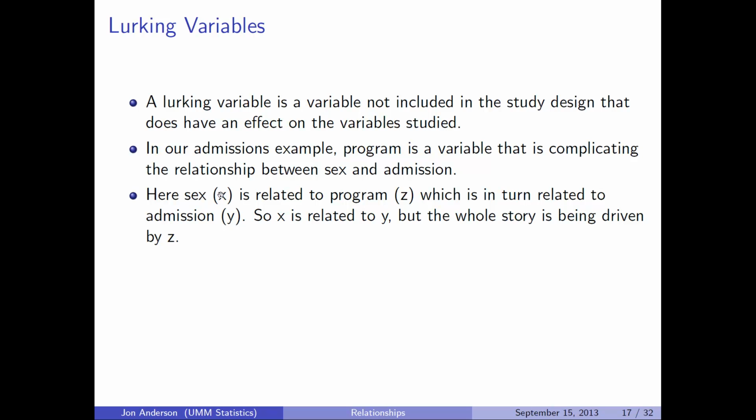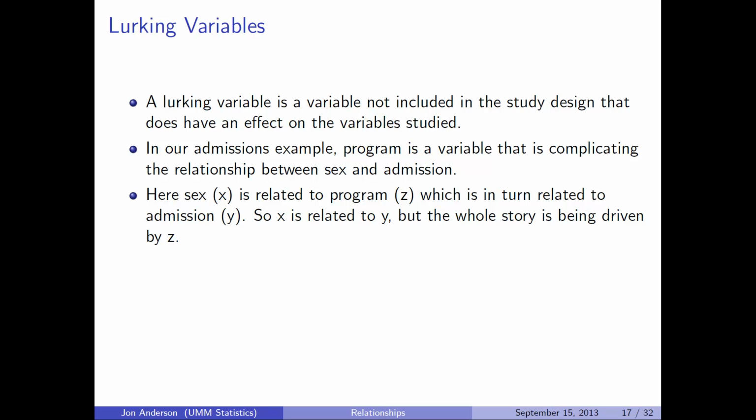So we want to study the relationship between sex and admission, but the problem is that sex is related to program, which is the thing that is related to admission. And so it looks like there's a relationship between X and Y, but it's really driven by Z, the program.